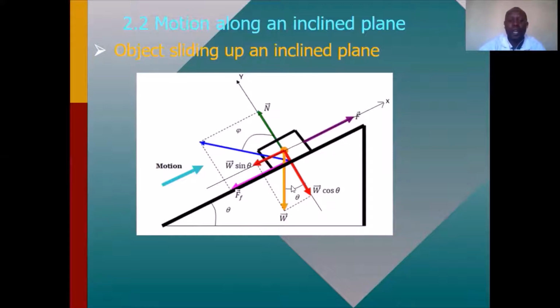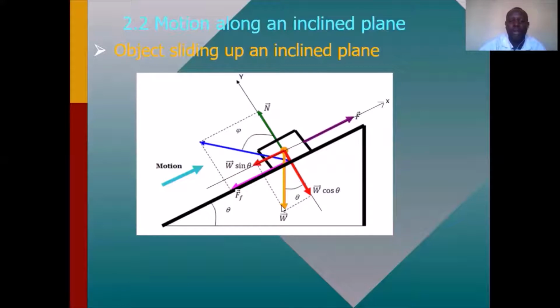So this angle is going to help us to find the components of the weight. For this case, the weight will not be used. We are going to use its components. The weight has two components: the component perpendicular to the plane and the component parallel to the plane. So how to get the components? I think everyone knows how to get the components of a given vector.